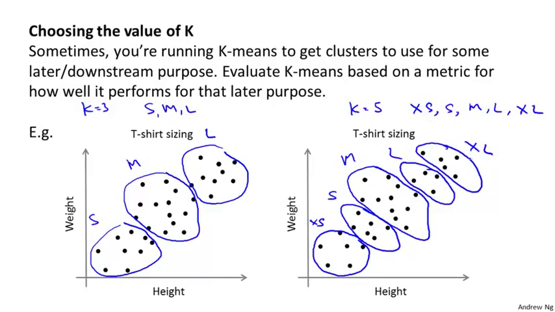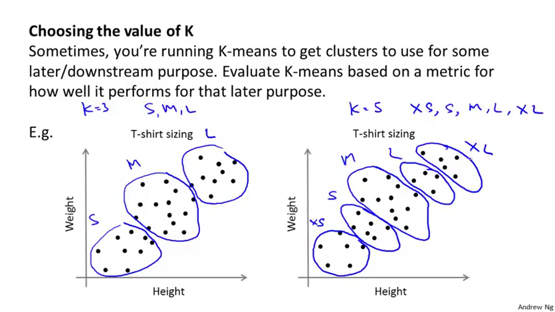And the nice thing about this example is that it gives us another way to choose whether we want 3 or 4 or 5 clusters. In particular, what you can do is think about this from the perspective of the t-shirt business and ask, well, if I have 5 segments, then how well will my t-shirts fit my customers? And so how many t-shirts can I sell? How happy will my customers be?